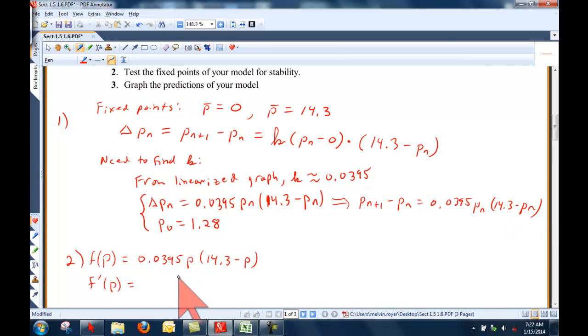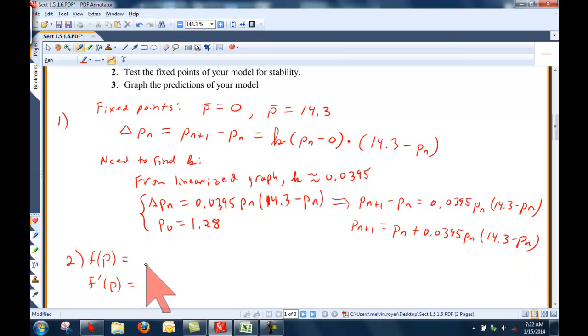But our f that actually should be used is the right-hand side when the left-hand side is just Pn plus 1. So if I go ahead and solve for Pn plus 1, I get, let's move this Pn to the right-hand side, Pn plus 0.0395 Pn times 14.3 minus Pn. Important step here. So now f of p is p plus this other term.